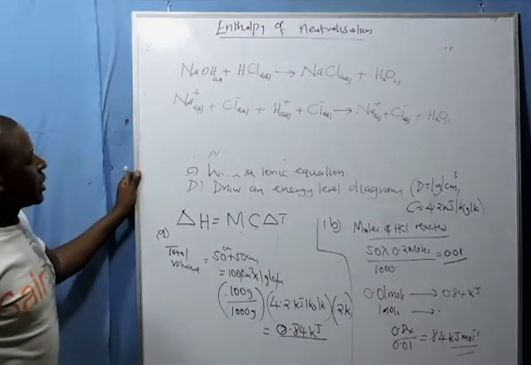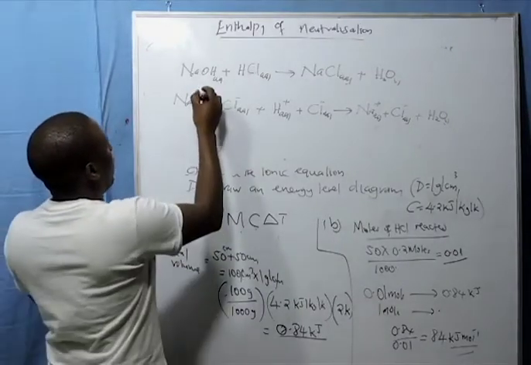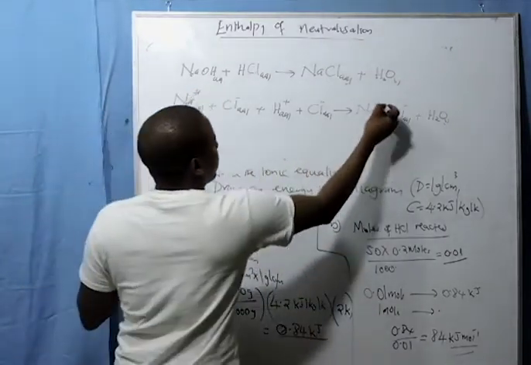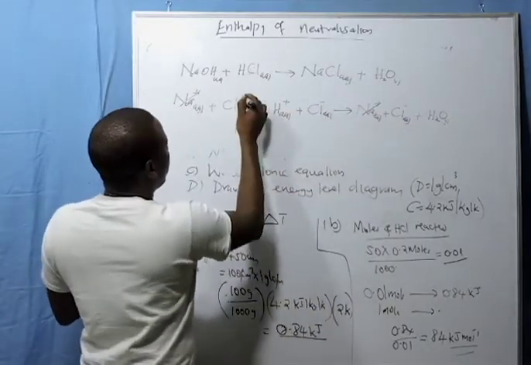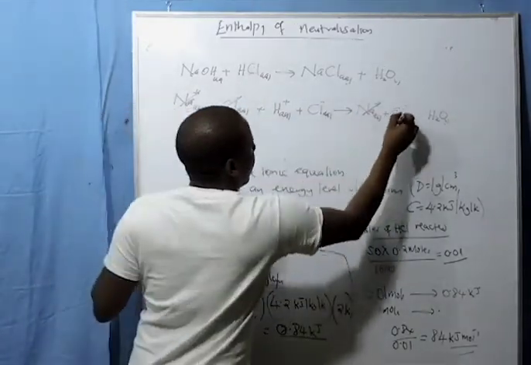So we cancel spectator ions. Sodium is a spectator because it appears on both sides. Chloride is a spectator, it appears on both sides.